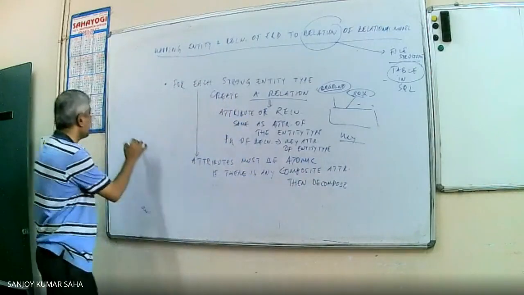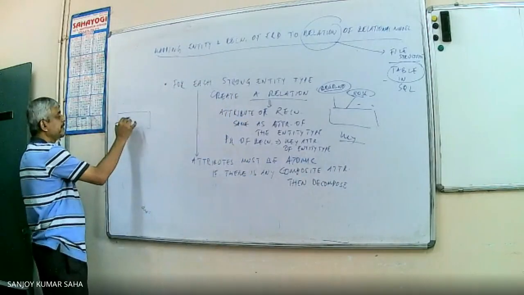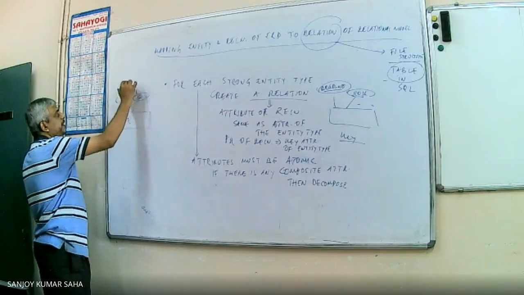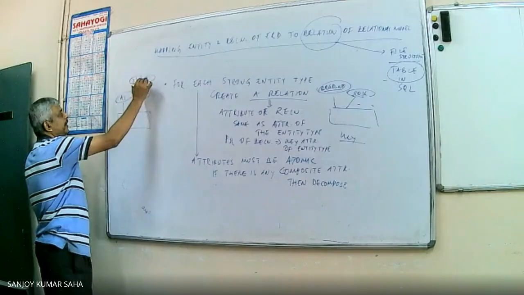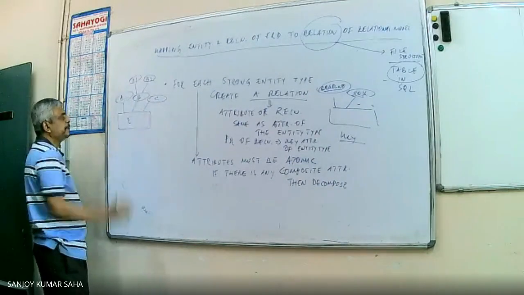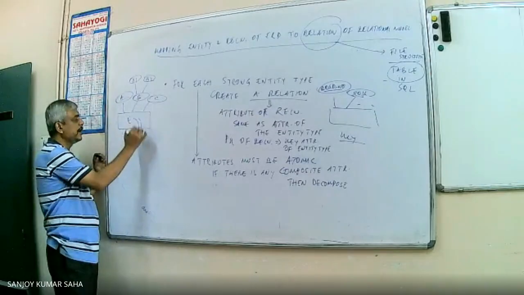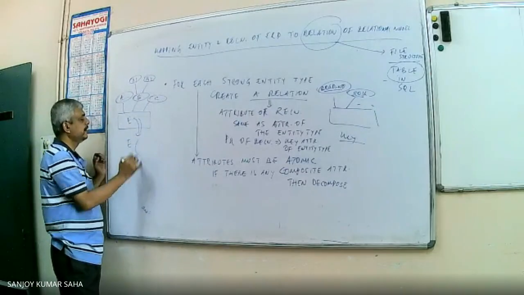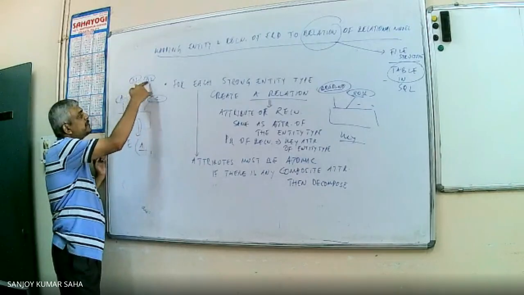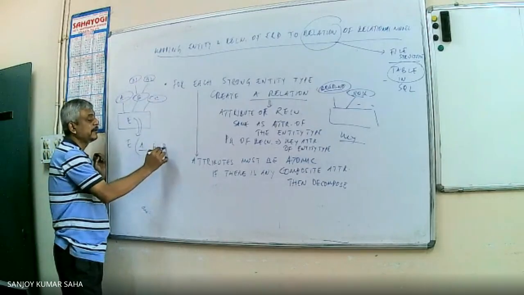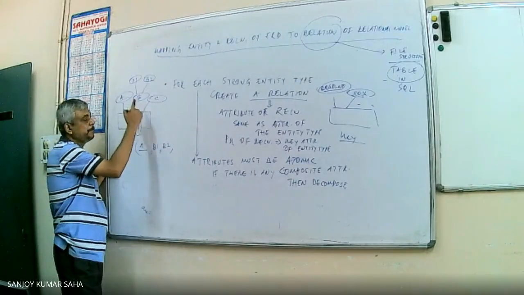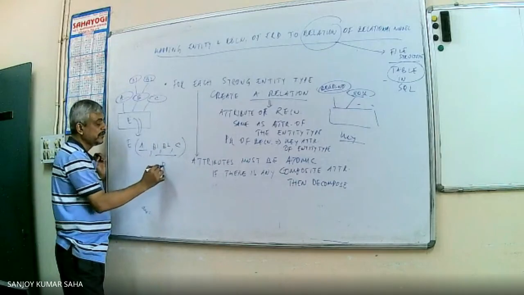For some entity type, say we have A, B consisting of B1, B2, and C, say A is the primary key. For this one, we will consider a relation where A is the primary key. We will not consider B, we will be considering the simple, atomic attributes that form B. We will not consider B.